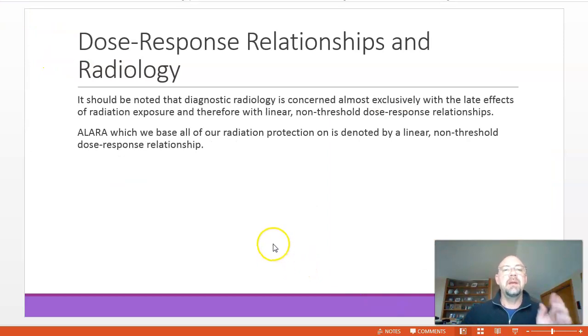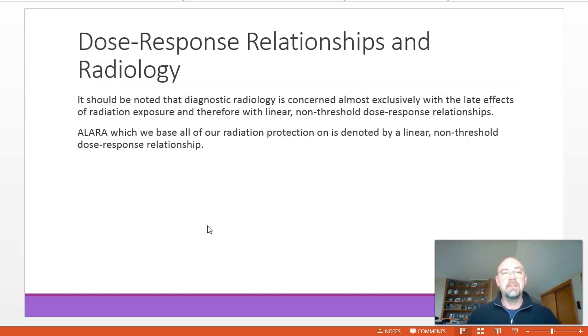So in wrapping up, as a diagnostic radiographer, we are concerned with the late effects of radiation. We are really interested in that linear, non-threshold dose-response relationship because that is ALARA. We know that one X-ray photon can cause some biological damage. We know that with the amount of X-ray that we use and how we use it, we're really not going to get a deterministic response.